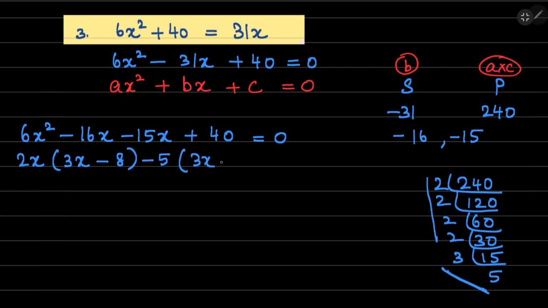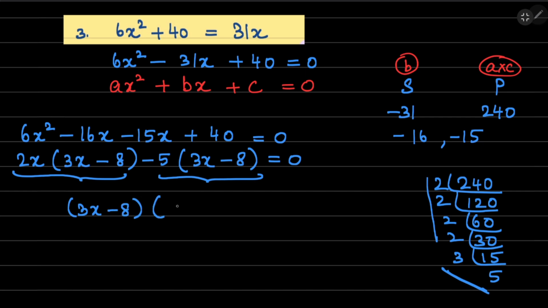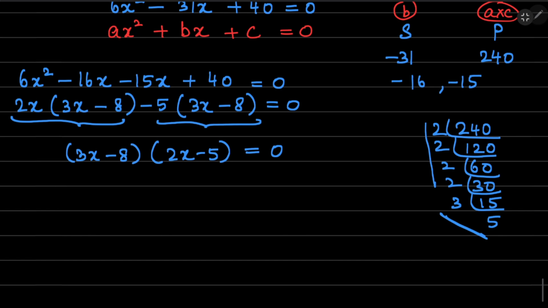What is left is 3x minus 8 equal to 0. So among these two terms, you have got 3x minus 8 common. 2x minus 5 is the other factor. So either 3x minus 8 is equal to 0 or 2x minus 5 is equal to 0.